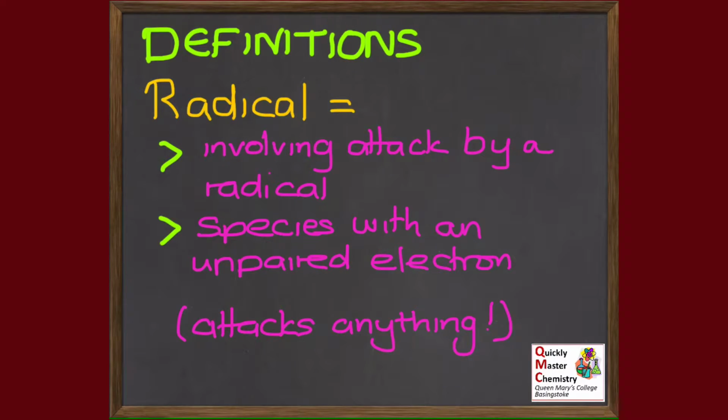So whereas the nucleophile and the electrophile attacked organic molecules with particular features, a positively charged carbon or a region of high electron density, radicals kind of represent our last resort. They don't need a functional group of some kind to interact with in the organic molecule. They'll simply attack anything. They're not the first choice, however, because it's very unpredictable what they'll actually do. It's very hard to control, and you tend to get a mixture of products.